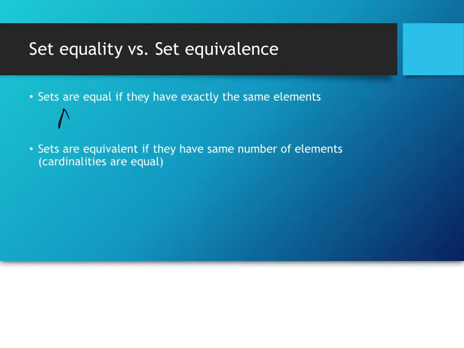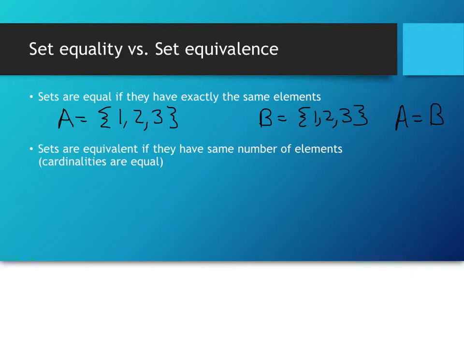If I let A be the set 1, 2, 3, and I let B be the set 1, 2, 3, then A is equal to B. Alright, in this case, A is equal to B. They have to have the exact same elements.